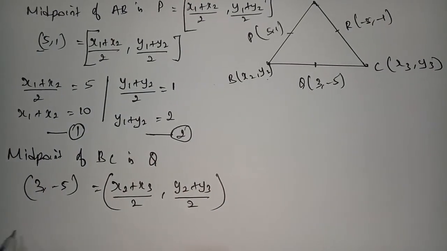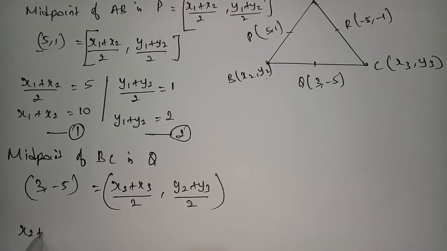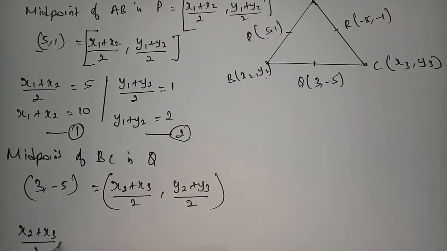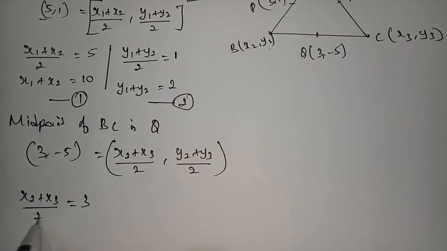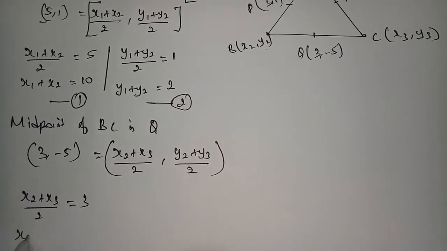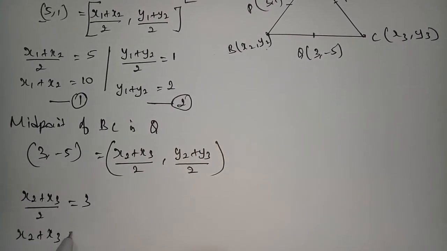So (x2 plus x3) by 2 is equal to 3. If you cross multiply, x2 plus x3 is equal to 6.